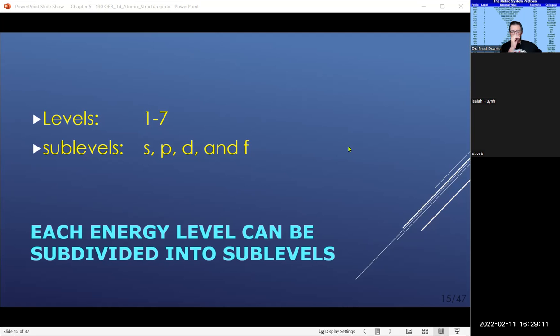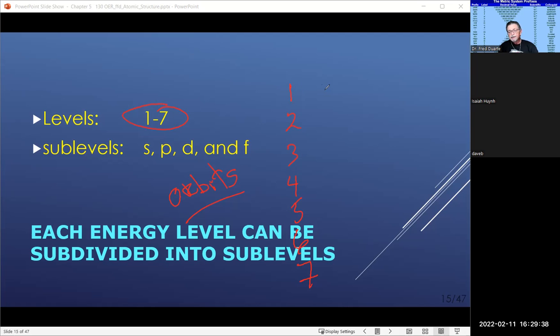Within the energy levels, there are sub-levels, which I will be calling orbits, okay? Now, not all of the energy levels have all of the orbits. For example, we have 1, 2, 3, 4, 5, 6, and 7 energy levels.